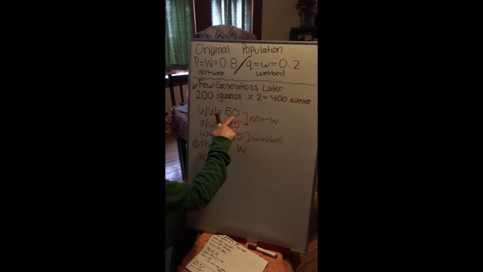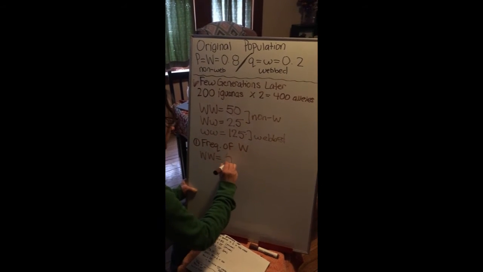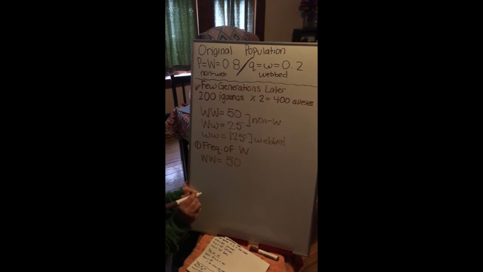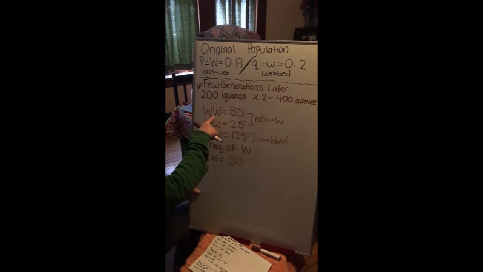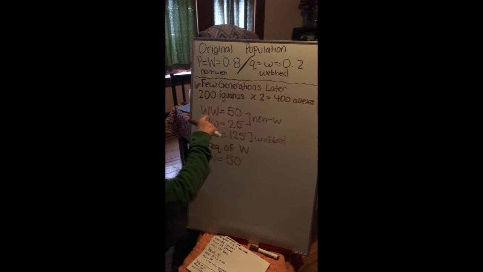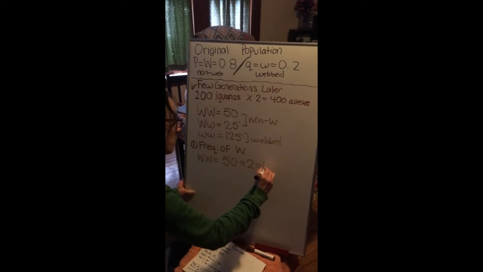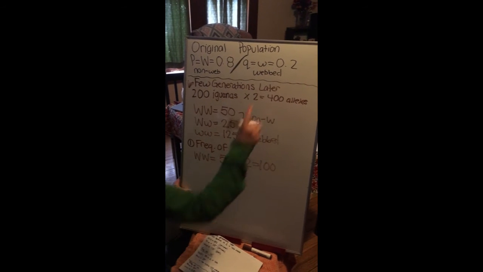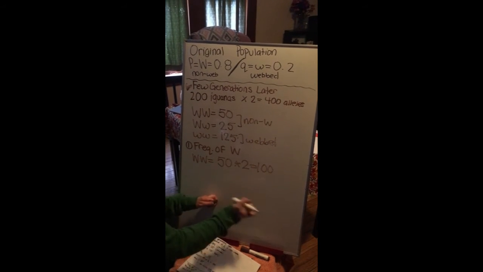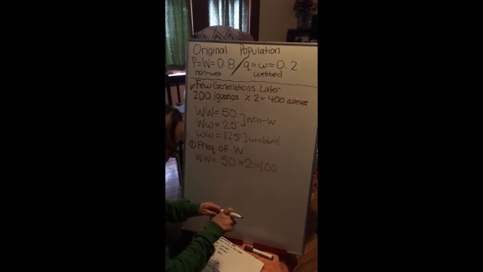So we had 50 individuals that were homozygous dominant. To be that, they have to have 2 copies of that same dominant allele. So 50 times 2. So there we have 100 alleles out of that initial 400 coming from those individuals.